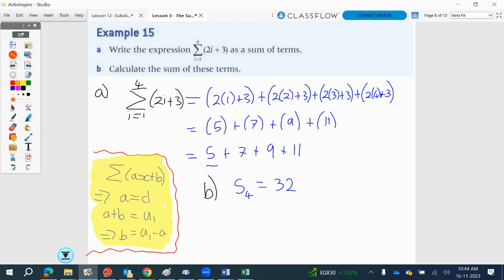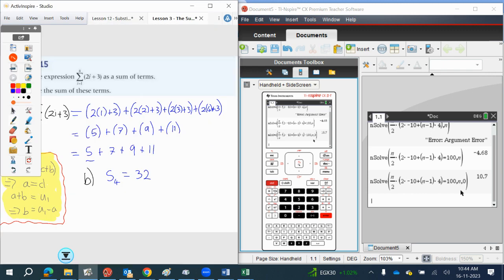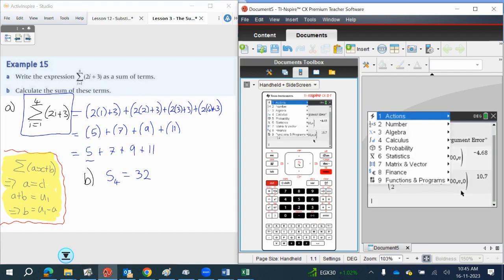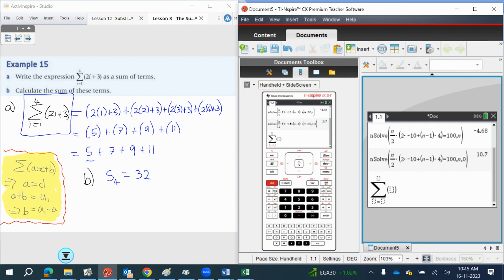Take out your calculator. We want to put this into the calculator. There's a sigma symbol in the calculator. Follow through. We press menu, calculus, so menu 4, 3. Oh my god, that is beautiful.